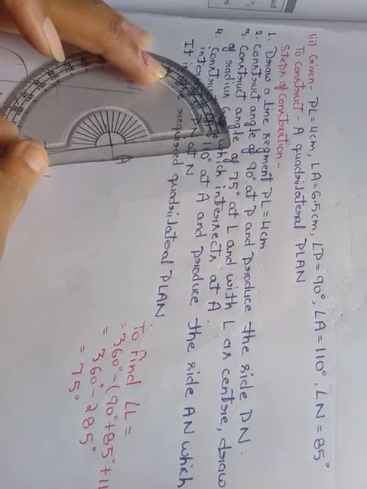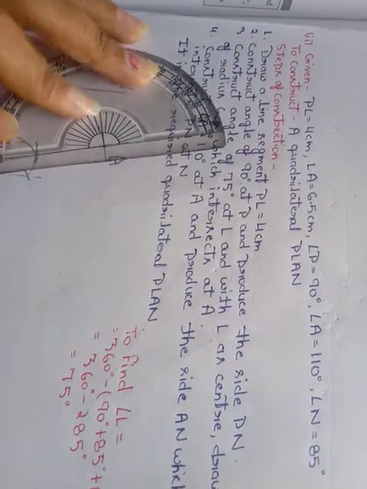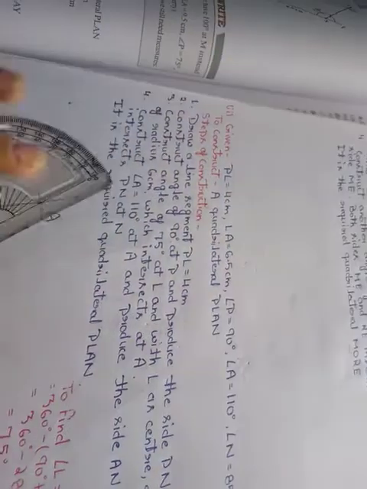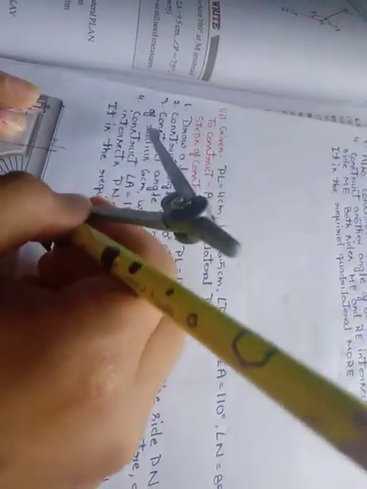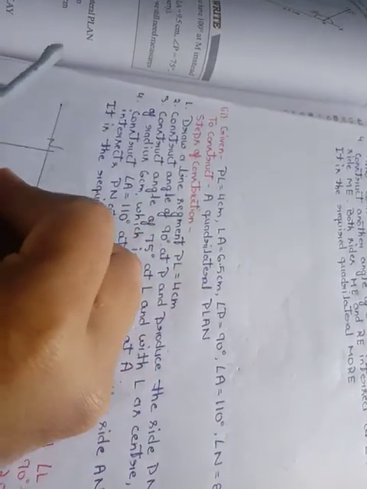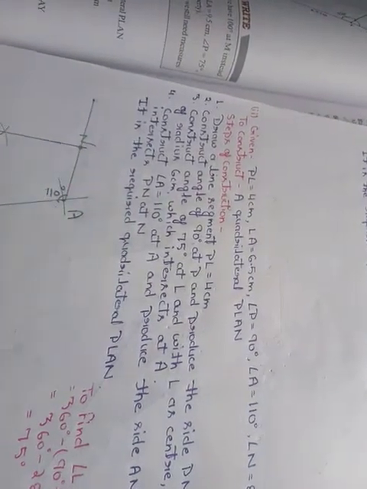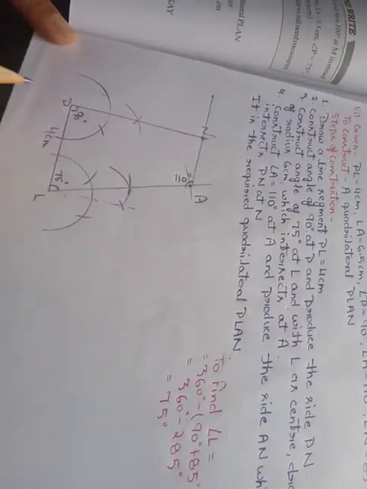We construct at point A an angle of 110 degrees. And this is our point N. So it is the required quadrilateral PLAN. Thank you.